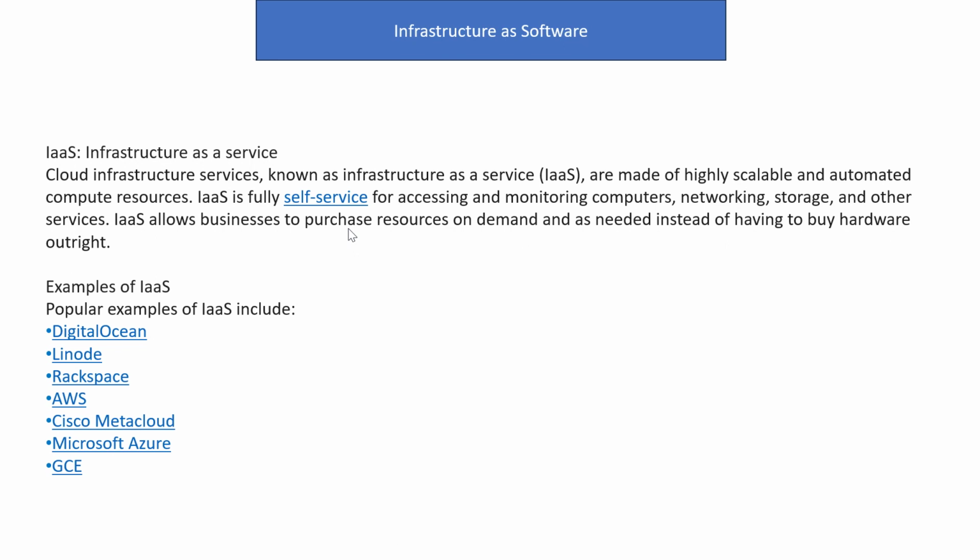There are many data center providers who provide these IaaS services. For example, we have AWS, Amazon Web Services. Amazon Web Services is not only providing infrastructure as a service.